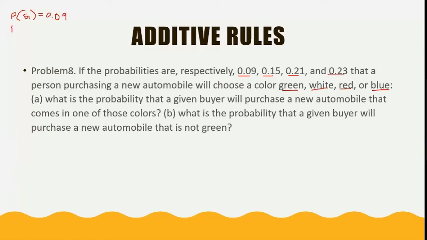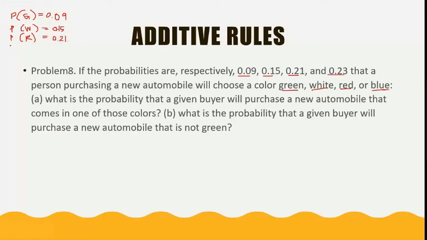For selecting white, we have a 0.15 probability. For selecting red, there's 0.21 probability.